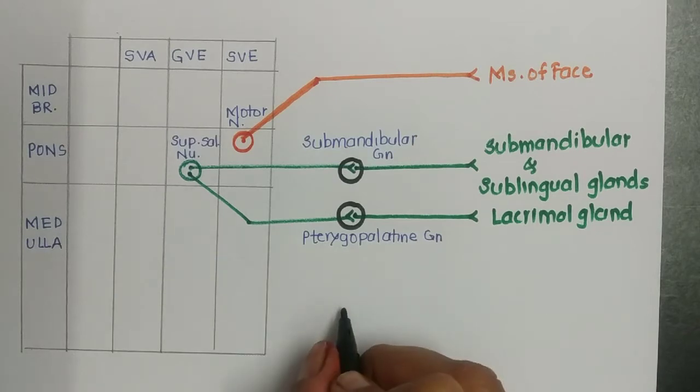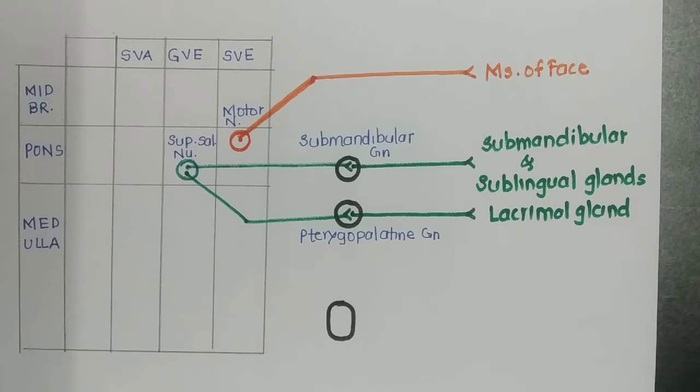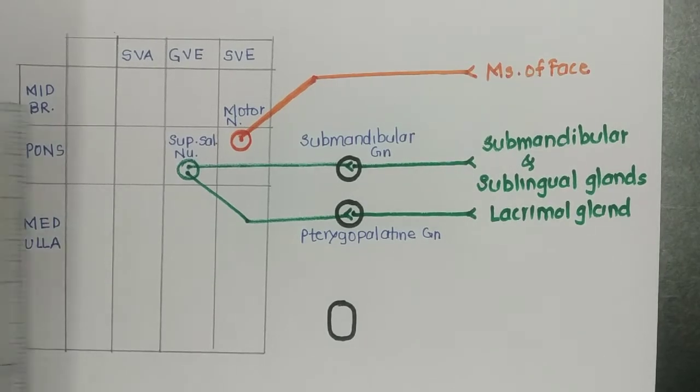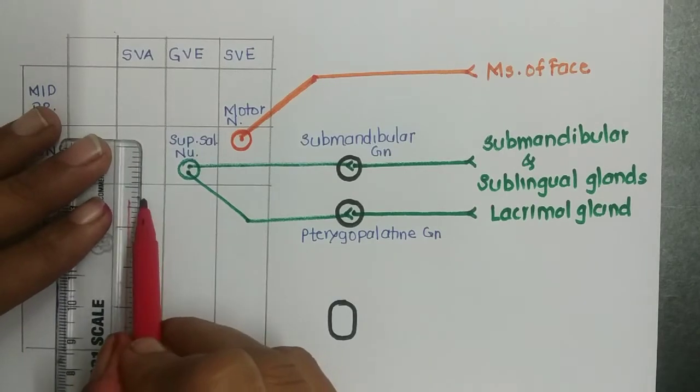So here we will go for the geniculate ganglion. The cell bodies of this are located in the geniculate ganglion, and they are concerned with the nucleus of Tractus solitarius. Now nucleus of Tractus solitarius is located in the medulla.